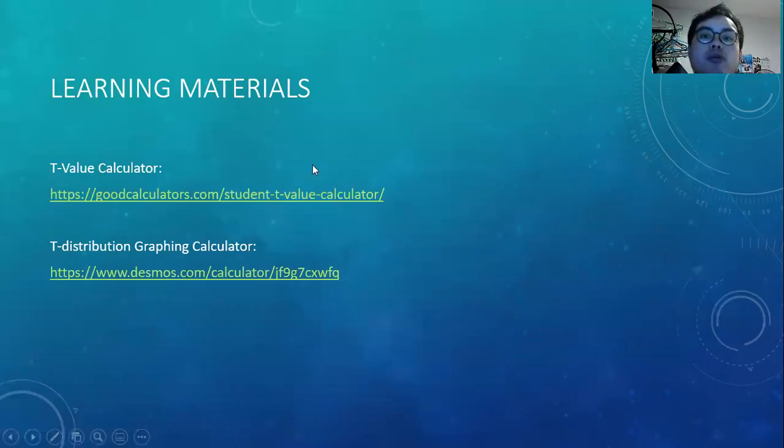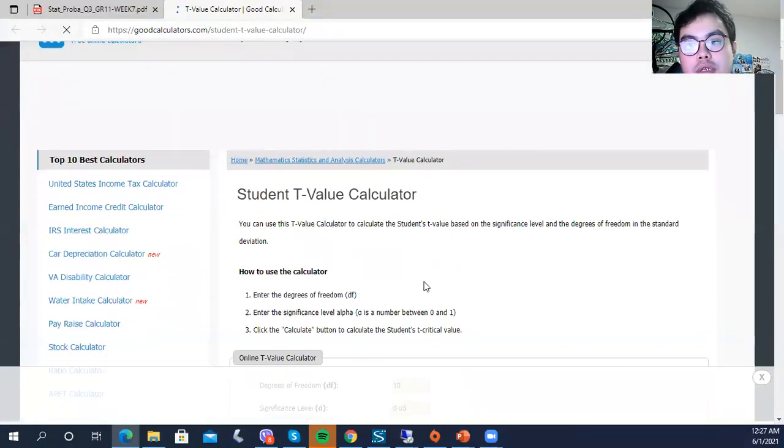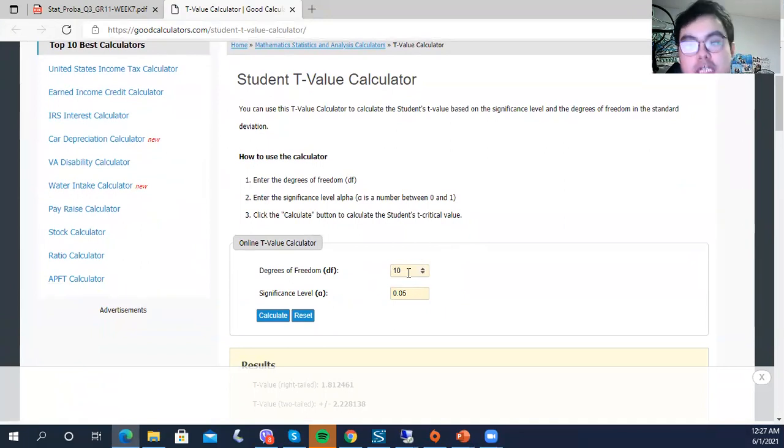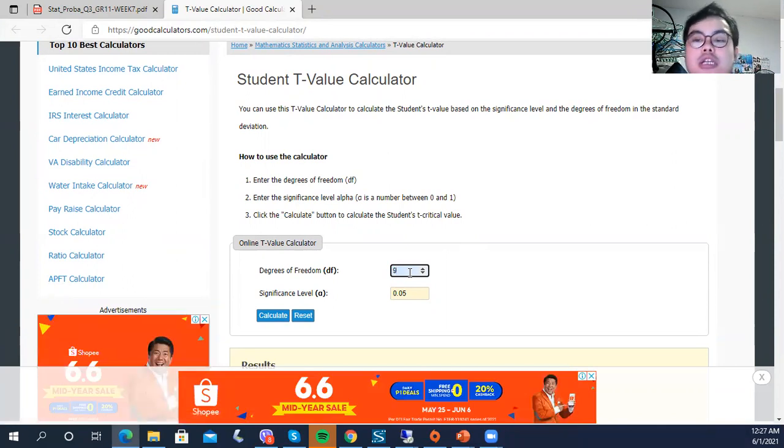So now we're going to use the t-value calculator. Okay, so here, this allows us to input the degrees of freedom. This calculator doesn't require us to use the t-table, so this is the shortcut.